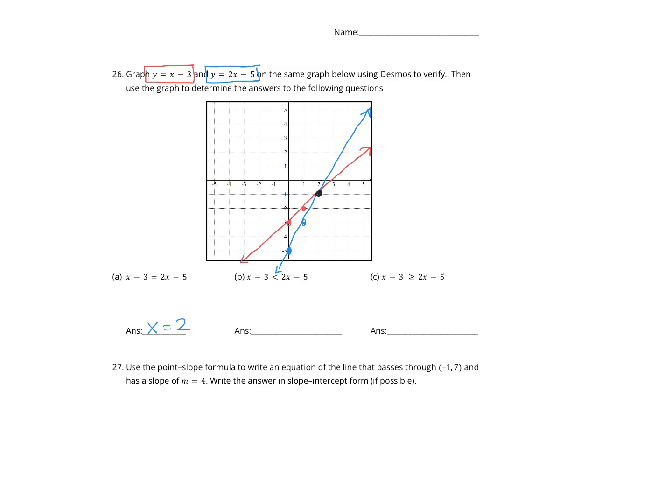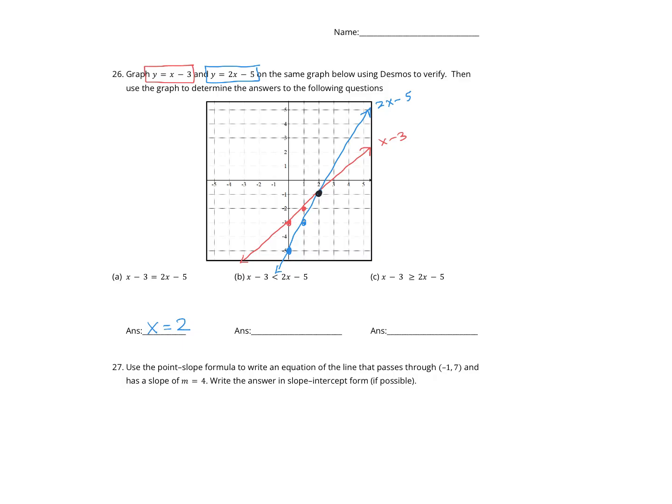For the next one, they want to see when x minus 3 is less than 2x minus 5. Sometimes it's helpful to label the actual lines with the equations. So when x minus 3 is less than 2x minus 5, they're asking you when is the red underneath the blue one, because we want the y values of the red one to be smaller than the y values of the blue one.